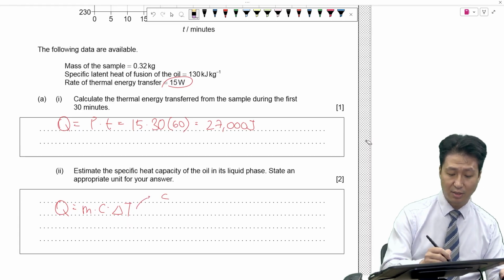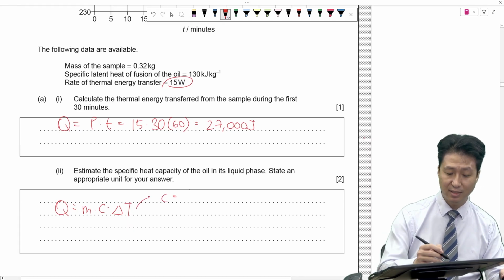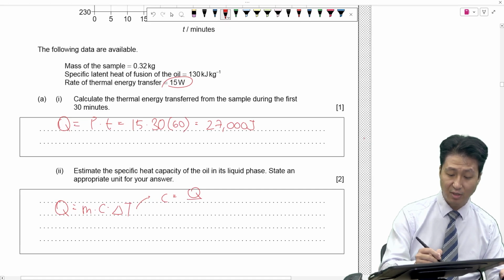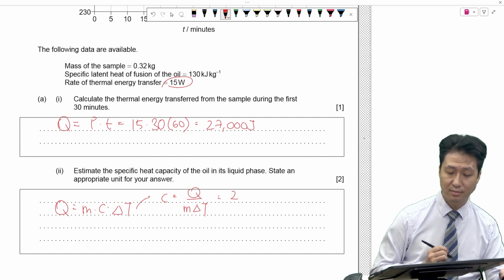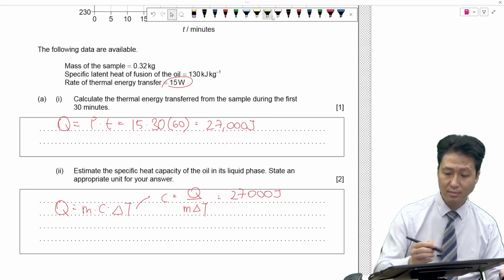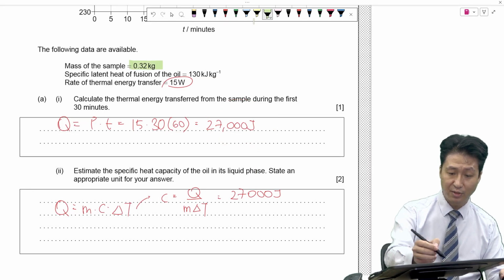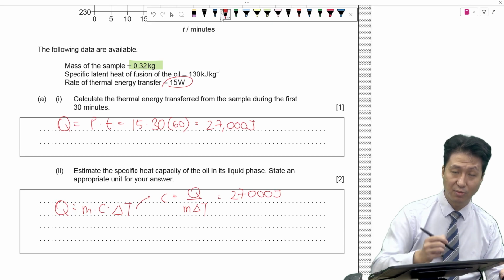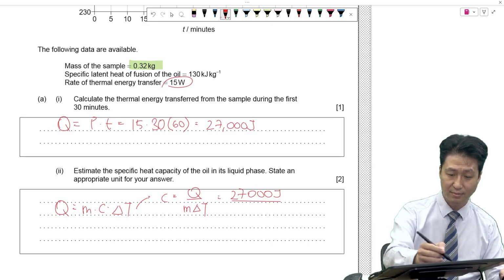This leads us to the equation for the specific heat capacity being equal to the heat transferred divided by the mass and the change in temperature. The amount of heat transferred was calculated in the previous part of this question, which is 27,000 joules. The mass of the oil is given as being 0.32 kilograms.